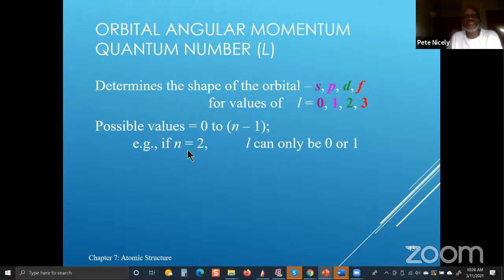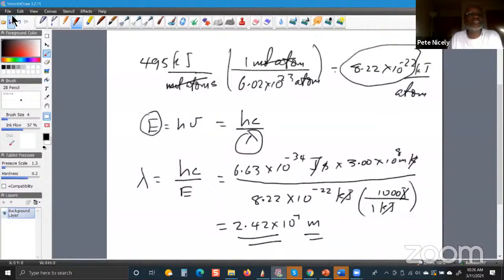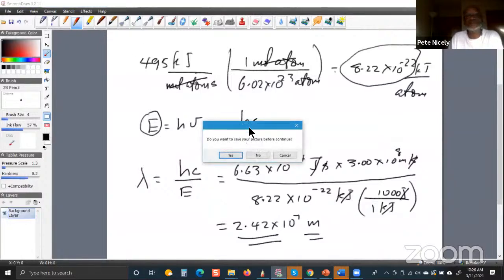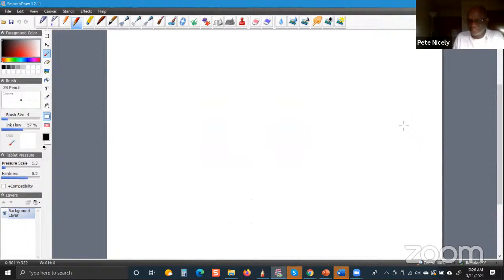So for example, if n is equal to 2, then the only possible values of l can be 0 or 1. And let me do some other examples so that you have an understanding of what we're talking about here. Now remember, the values of l can go from 0 and all integers to n minus 1, all right? Those are the possible values of l.